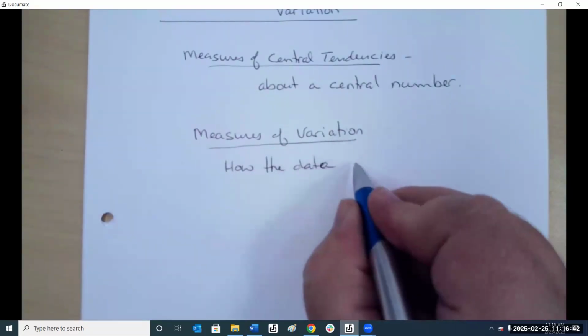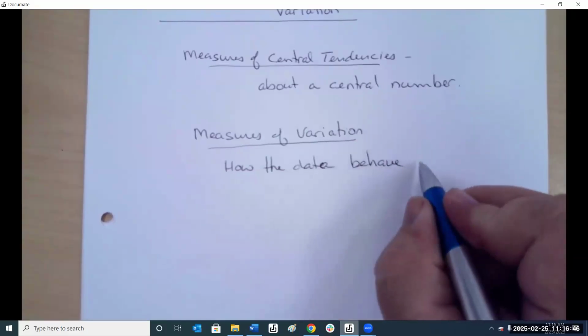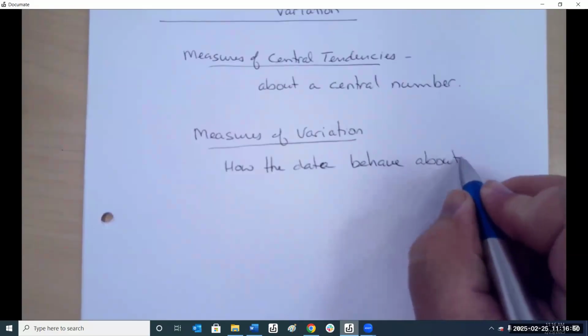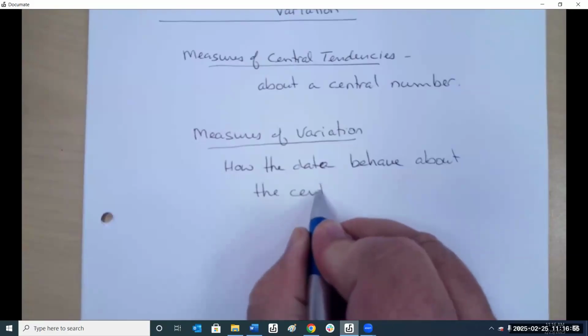How the data behave about the central number.